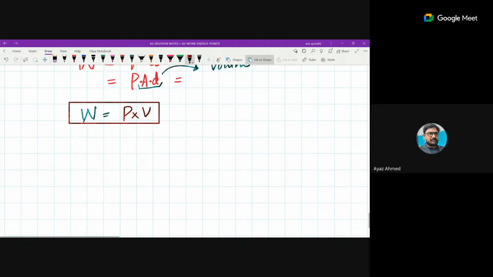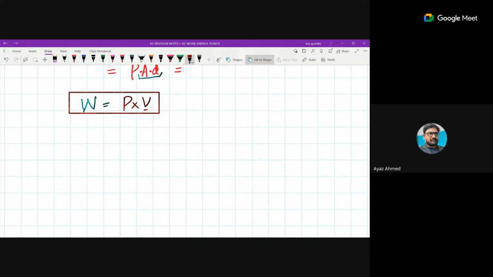But usually we have this volume which is changing. For example, if you have a gas and the piston is shifted from this position, position A of the piston, to a position B. Let's say position A is at the 2 centimeter mark, and the piston has been shifted to the 8 centimeter mark.